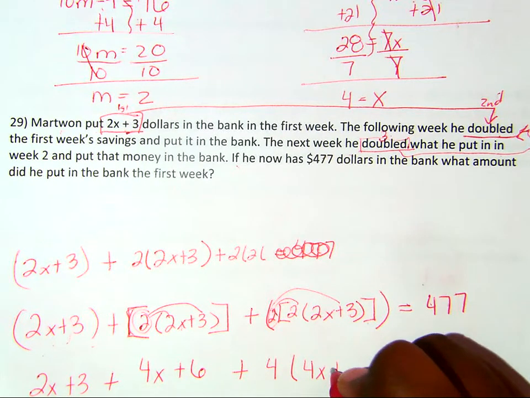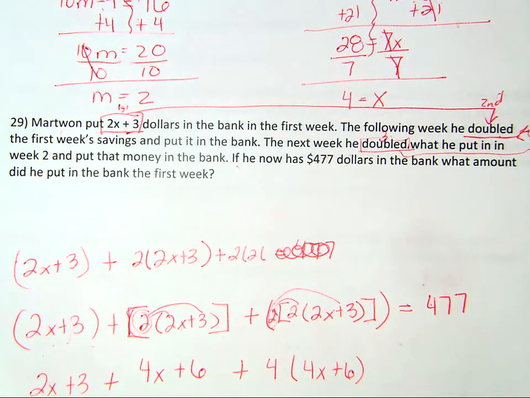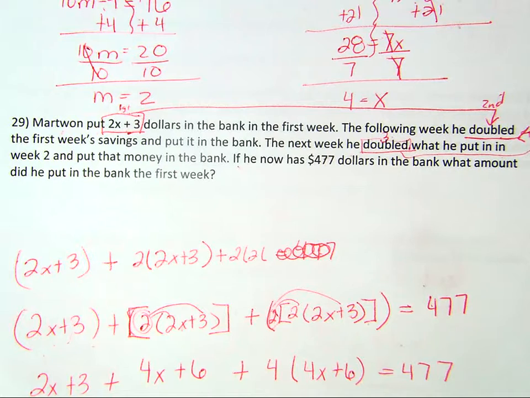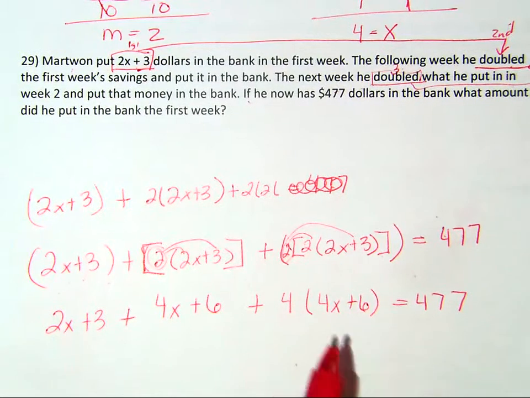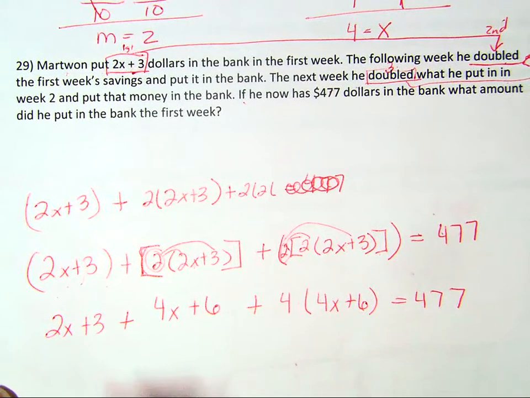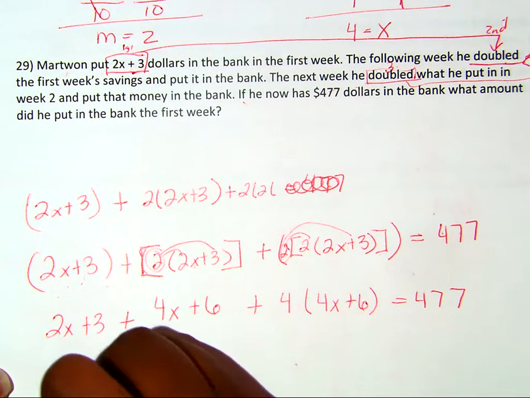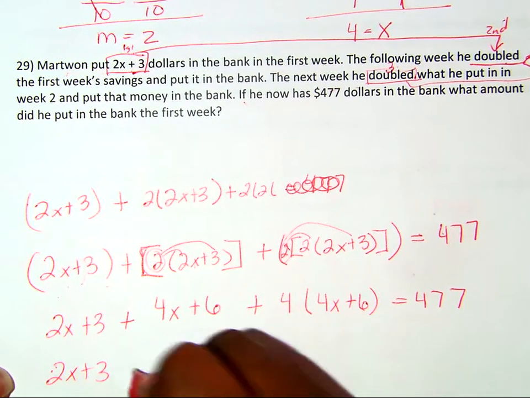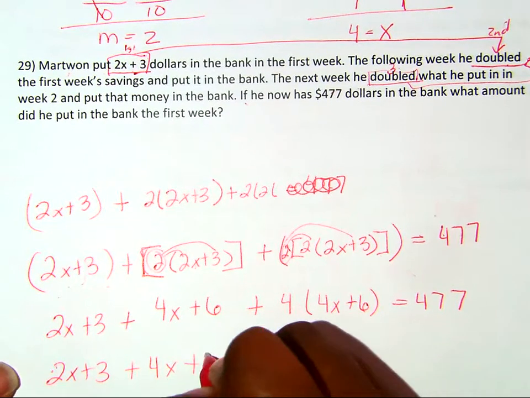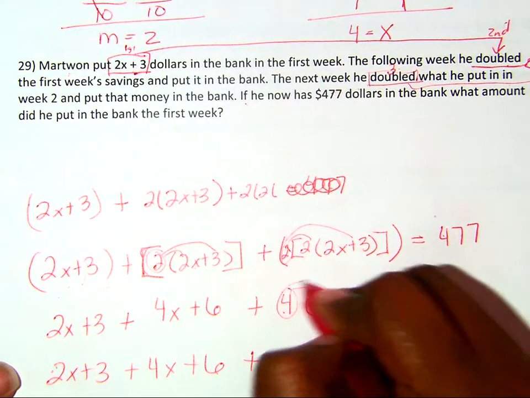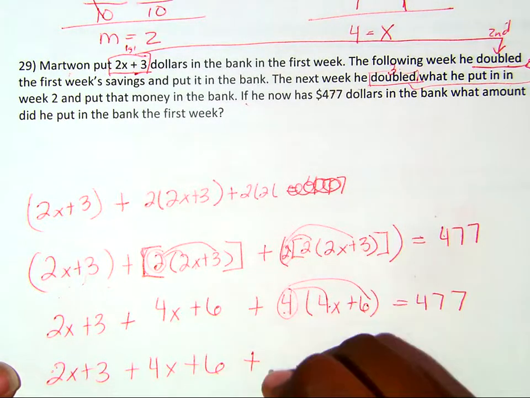Equals 477. Am I done distributing? No. I got to do it one more time right here. 4 distributes in. So 4 times 4x is 16x. 4 times 6 is 24.